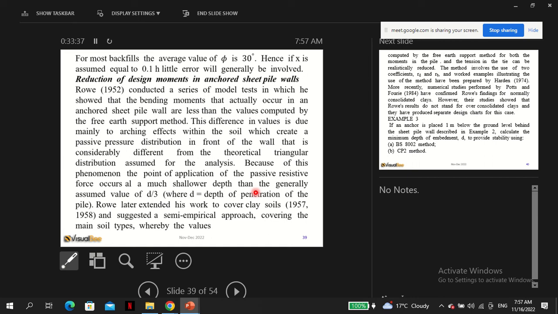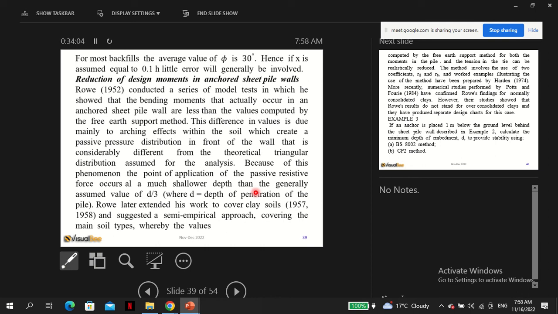Reduction of design moments in anchored sheet pile walls. Now, Rowe in 1952 conducted a series of model tests in which he showed that the bending moments that actually occur in an anchored sheet pile wall are less than the values computed by the free earth support method.